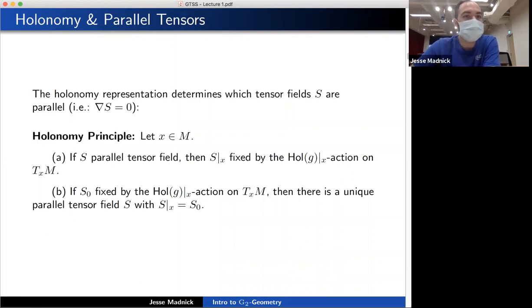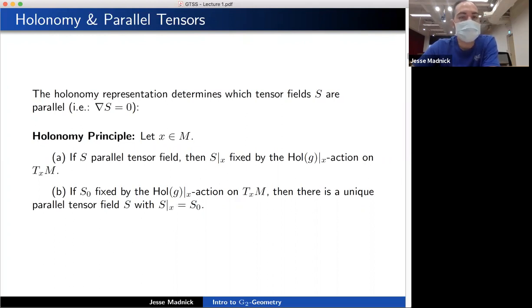Okay, it's also related to the presence of parallel tensor fields, right? Very frequently in differential geometry, we benefit from having parallel tensor fields or parallel differential forms. And whether these things exist is completely determined by the holonomy representation. So this is sometimes called the holonomy principle, kind of a non-descriptive name. So just fix a point X, and the statement is if S is a parallel tensor field, then S at X is fixed by the holonomy action on the tangent space.